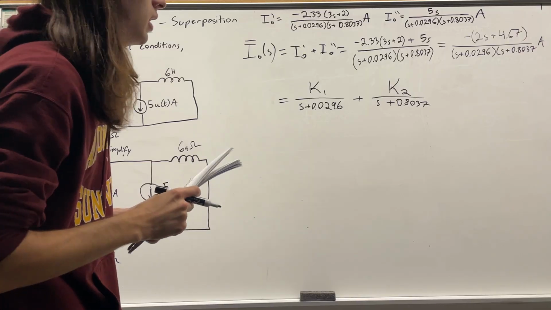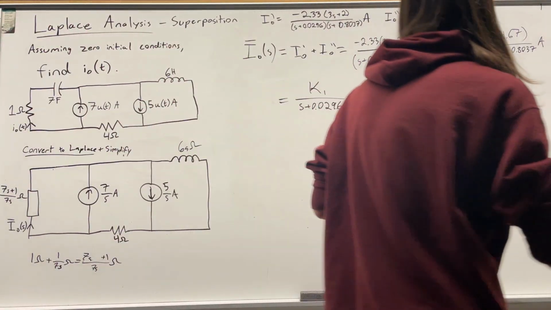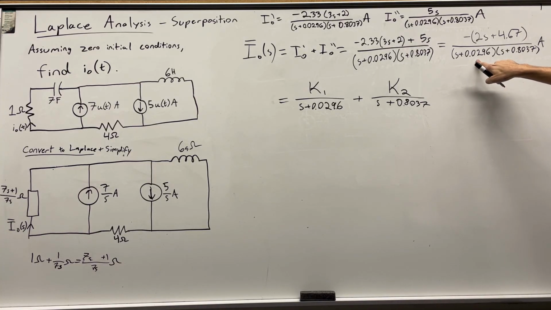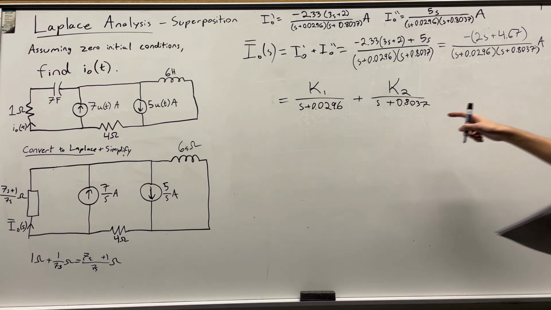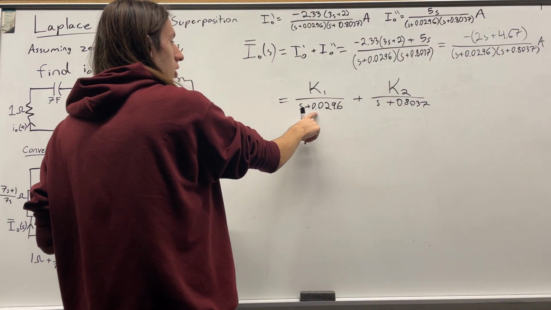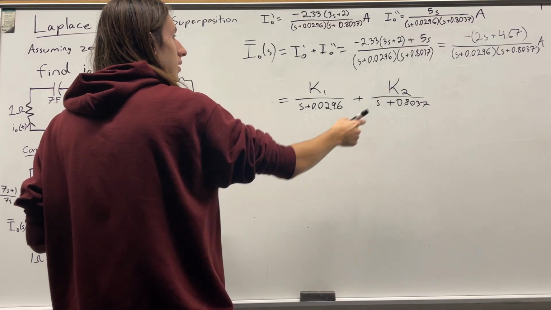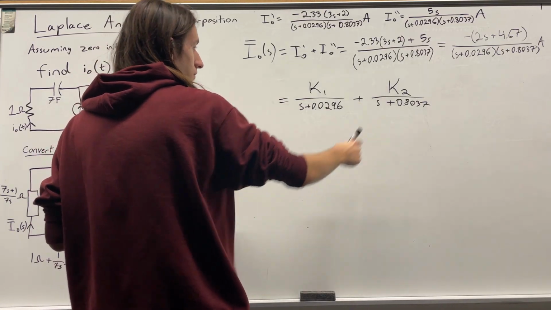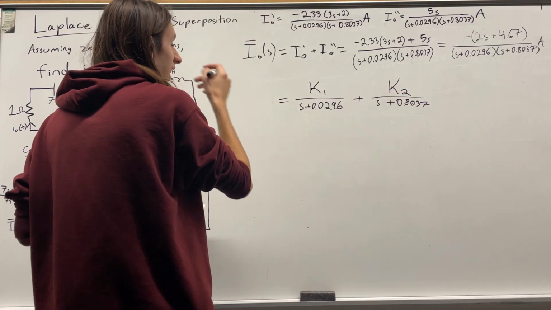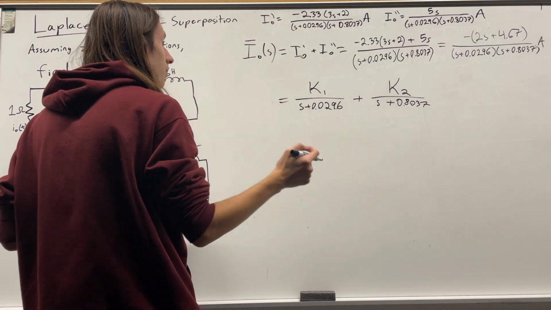And then when this multiplies with that, it cancels out this factor. Then we'll set S to be equal to negative 0.0296 so that it becomes 0 and eliminates K2.